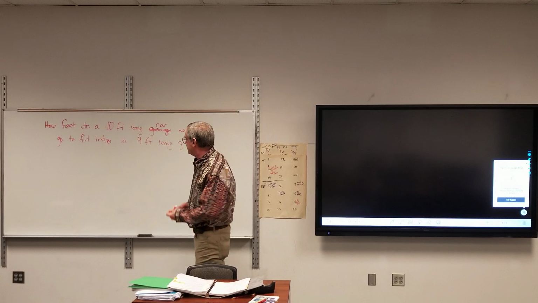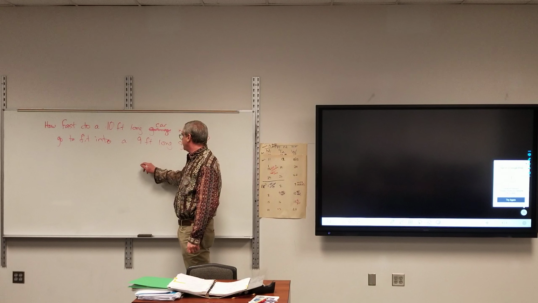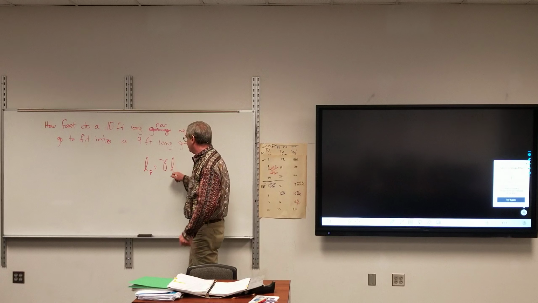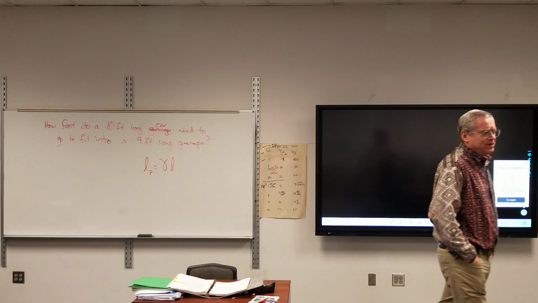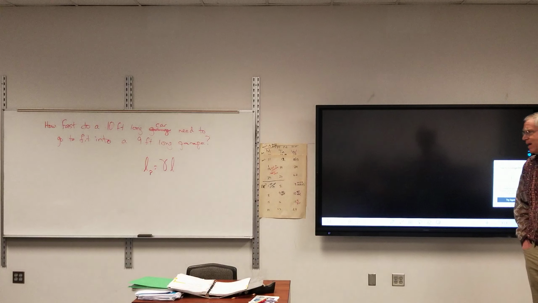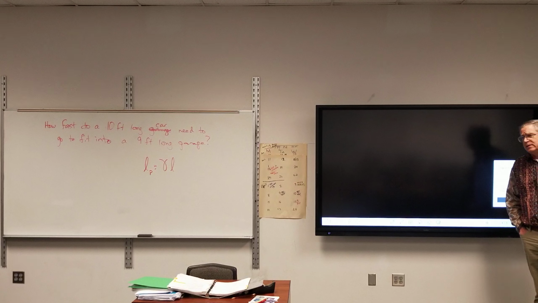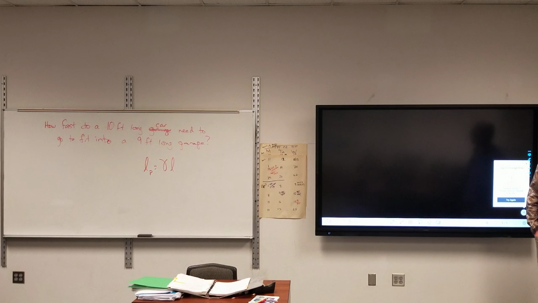I know that with length, the proper length is equal to gamma times the length. And you've got to fit numbers into it so that gamma can't be less than 1. Gamma cannot be less than 1. So which one's LP and which one's L?